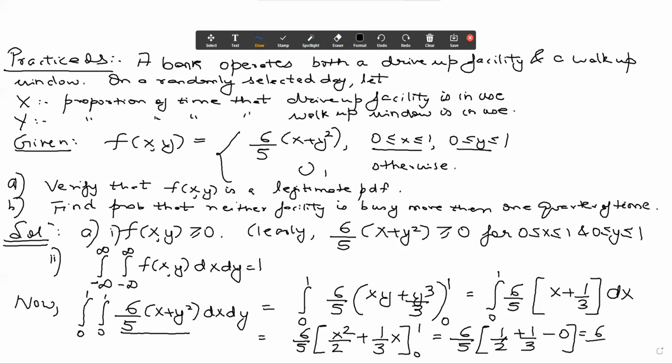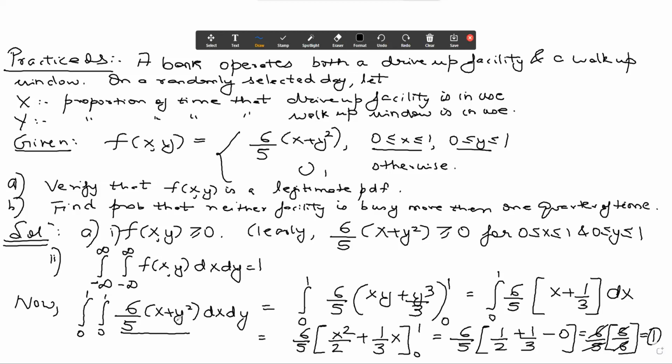So this will be 6/5 times 5/6. 5 cancels, 6 cancels. What do I get? 1. So I have shown that the integral from 0 to 1 of 6/5 (x plus y square) dx dy is exactly equal to 1. That means it is a legitimate PDF.